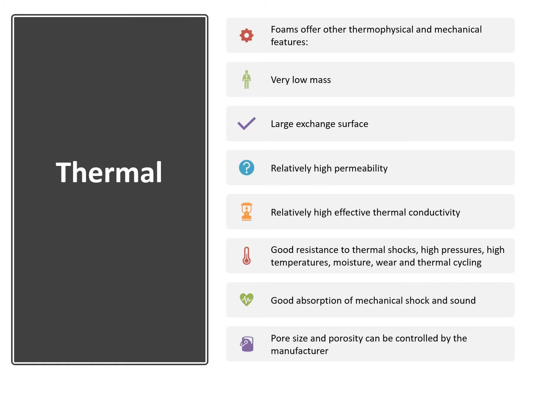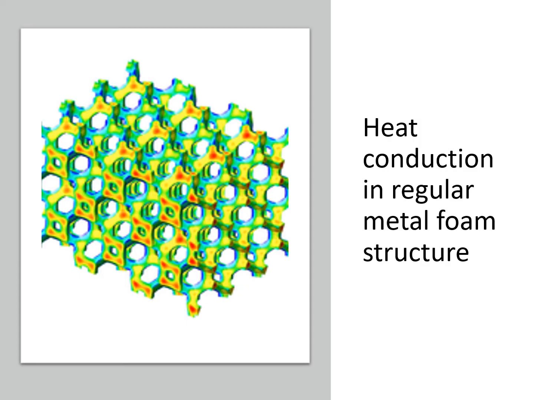They are resistant to thermal shocks, high pressure, high temperature, wear, and thermal cycling. They have good absorption of mechanical shock and sound, and their pore size and porosity can be controlled by the manufacturer. In this picture, we see heat conduction in a regular metal foam structure.